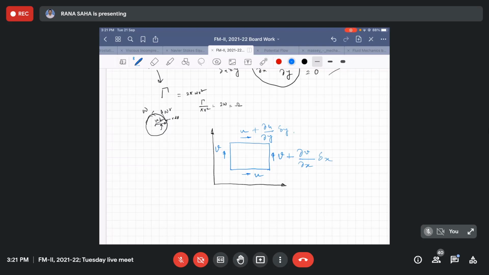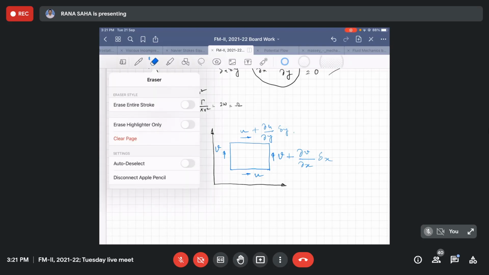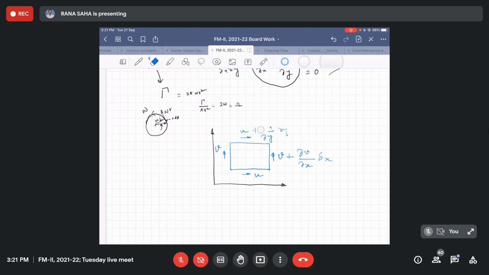From there now, if you relate to this figure, if you do not have a shear stress existing, basically that term which I have erased now is due to this shear stress, right? Because this del u del y, if I multiply with mu, we are actually recalling Newton's law of viscosity.